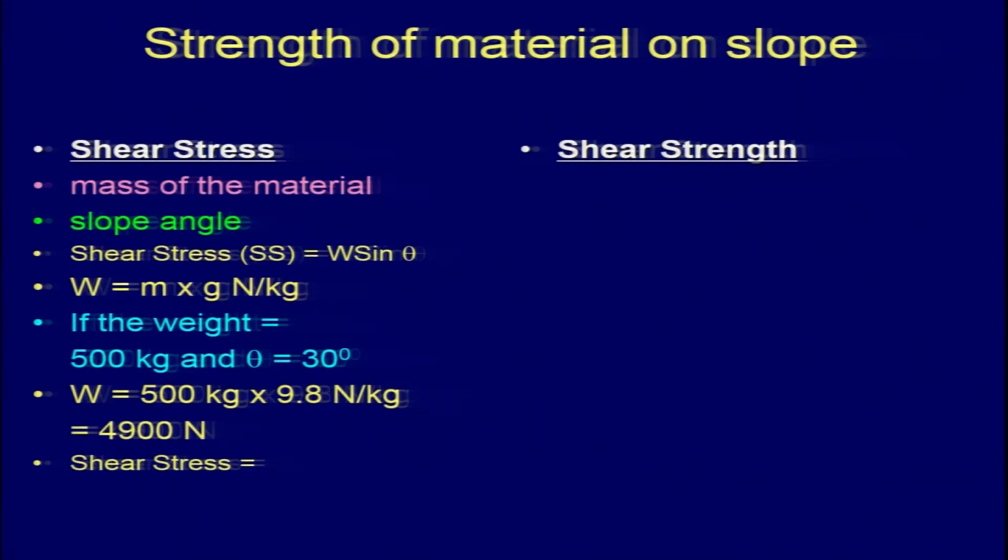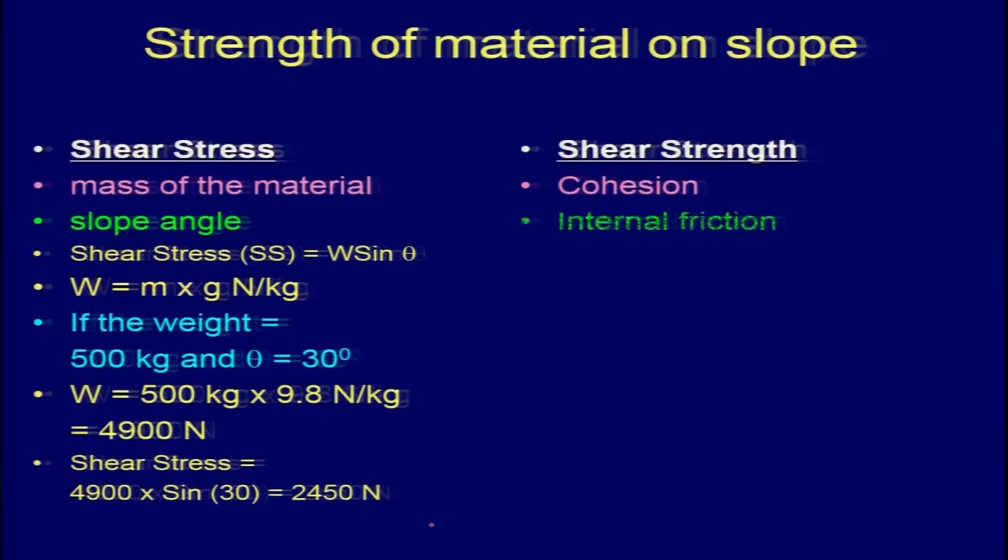And the shear stress will be, we have to take this one here. So, shear stress will be your 4,900 into sin 30. So, finally, the shear stress of the material which is sitting on the slope will be 2,450 Newton.